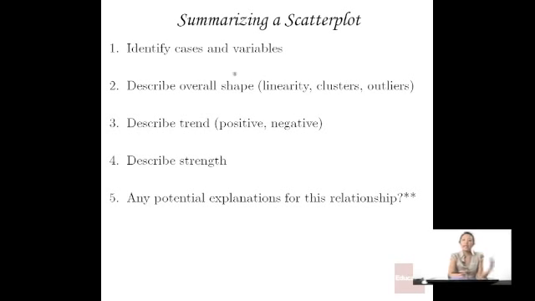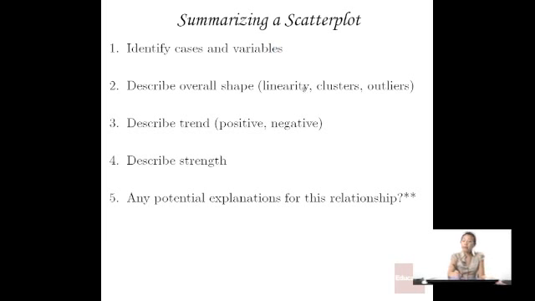First thing you want to do is identify the cases and the variables. Oftentimes people look at a scatter plot and they see the overall shape. They see, oh my God, it's a line, right? But then they forget what the dots are. It's sort of like seeing the forest but forgetting what the trees are, right? So first thing you want to do is identify what the cases are, and then identify what the variables are so that you know what you're talking about.